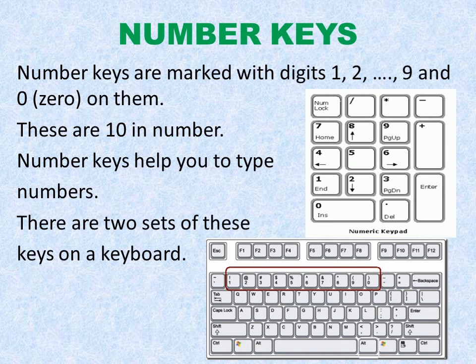You will find the number keys on the right side of the keyboard, and on top, just above the alphabet keys, you will find the number keys with symbols. So both sides you can see number keys on a keyboard.